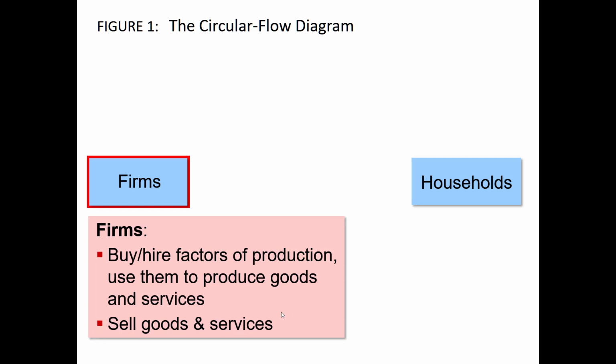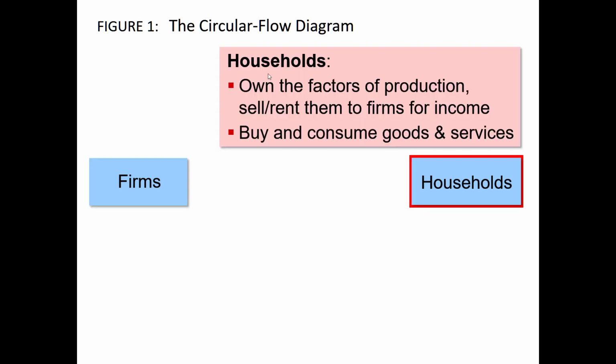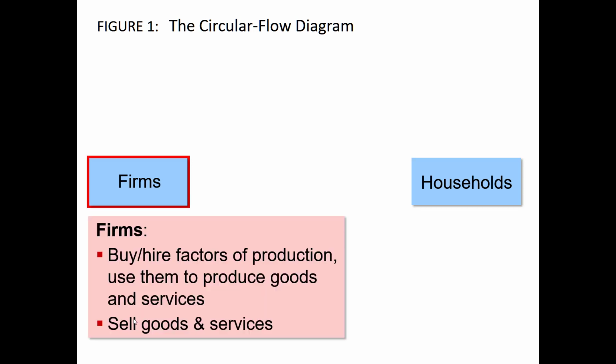And then they sell those goods and services. Now notice that both these types of actors are interacting with each other. Firms buy factors of production. Households own and sell, so they can sell or rent factors of production. Now households buy and consume goods which are made and sold by the firms. So they are interacting with each other.